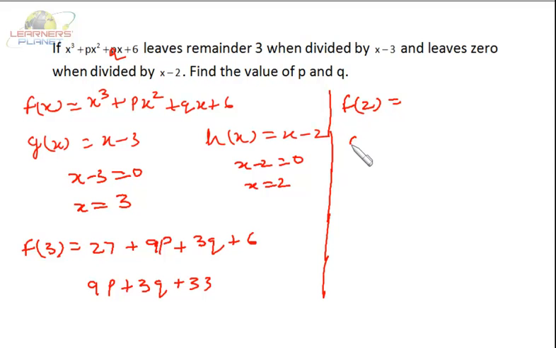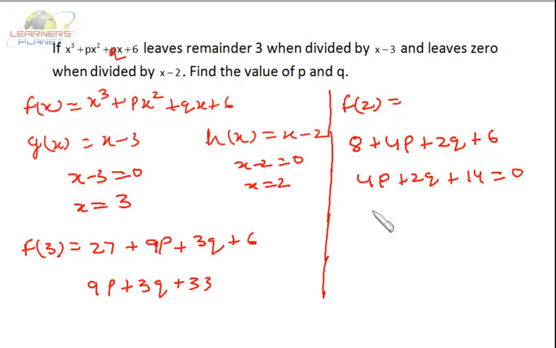So it's 8 plus 2 twos are 4p plus 2q plus 6. So 4p plus 2q plus 14, and this is given as 0, since f(x) is divided by h(x) and the remainder is 0. Or we can say 2p plus q is equal to minus 7.